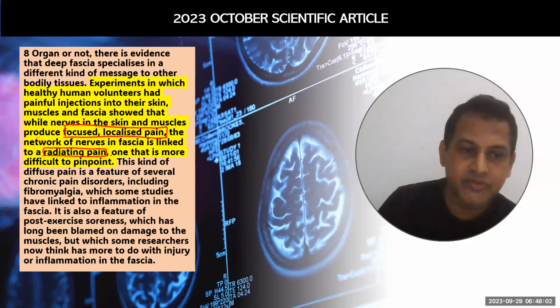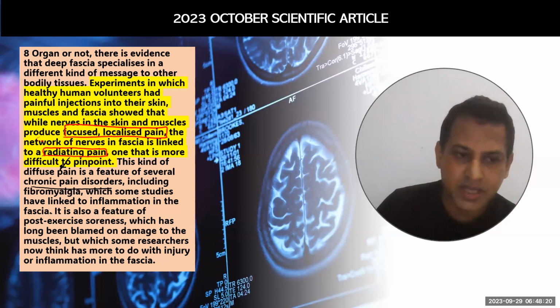This kind of diffuse pain is a feature of several chronic pain disorders, including fibromyalgia, which some studies have linked to inflammation of the fascia.